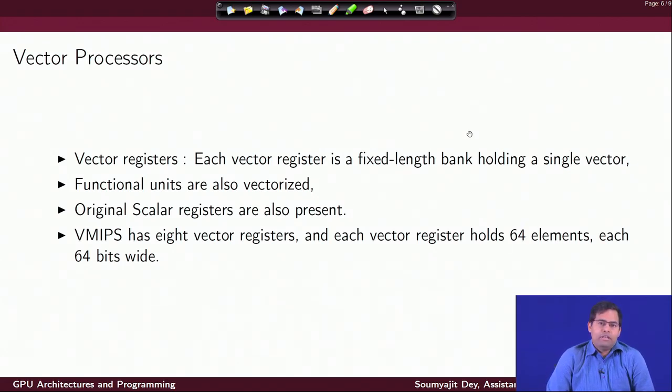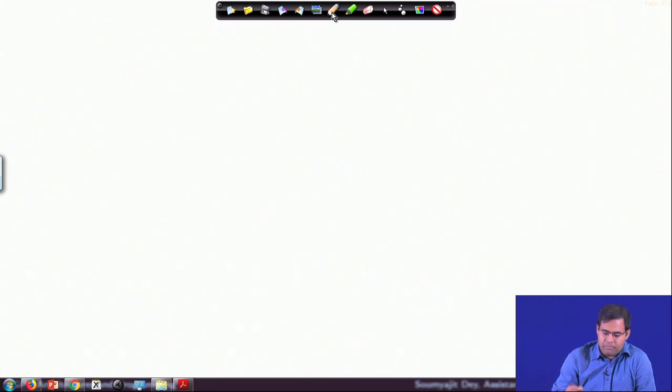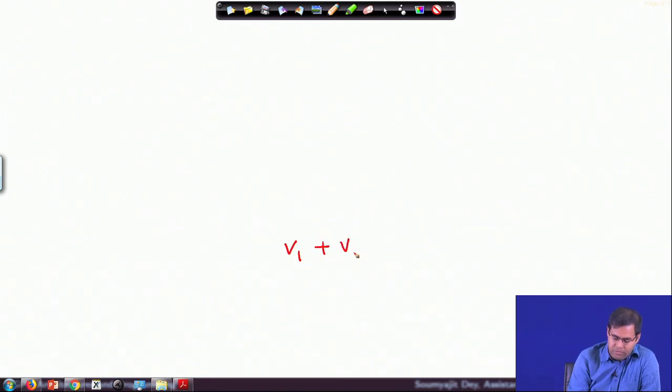So, when I say that there is an operation, I am doing an operation like vector addition. So, there are two vectors v1 plus v2. I have the content of vector 1 in one register, I have the content of vector 2 in the second register, and they would get arrayed. Just as an example, if I just say that I have two data points v1 plus v2.